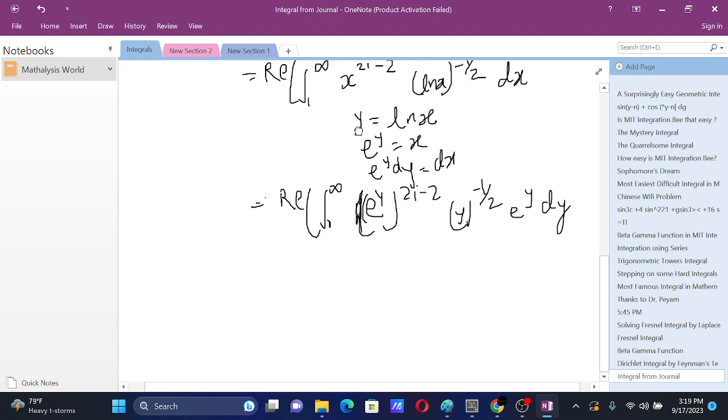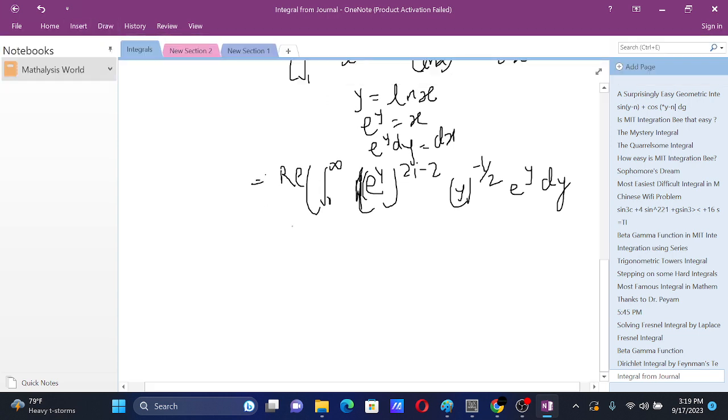Now we have real part of integral from 0 to infinity. This will be e to the power 2i minus 1 y, y to the power minus 1 by 2 dy, and this is real part of integral from 0 to infinity.